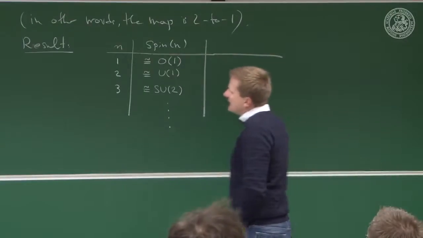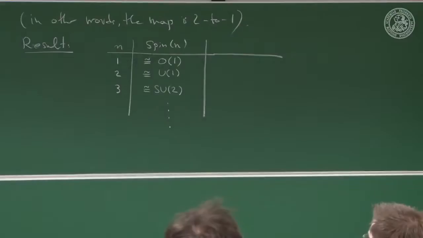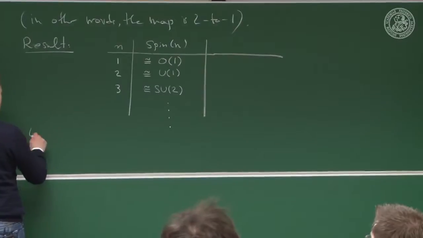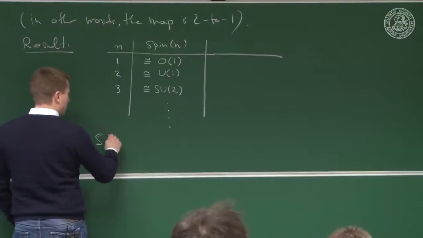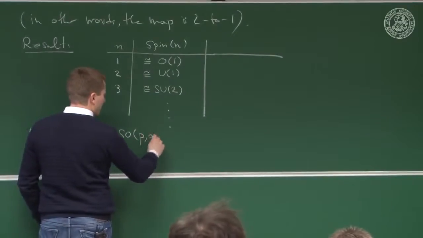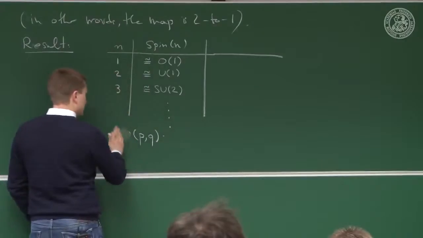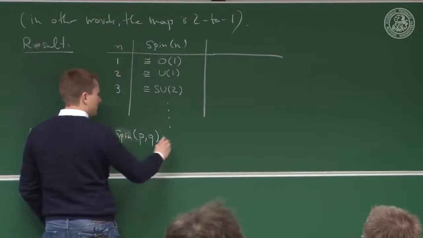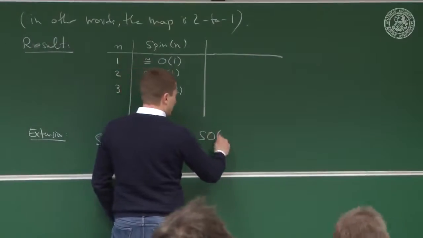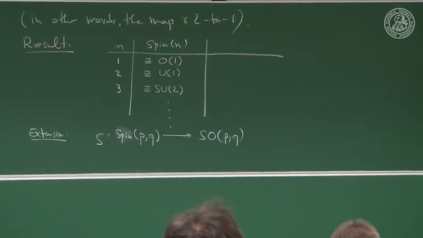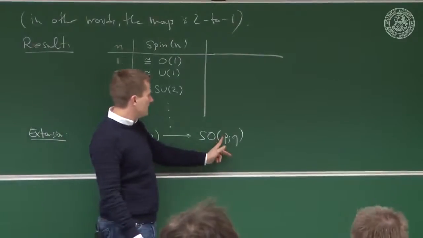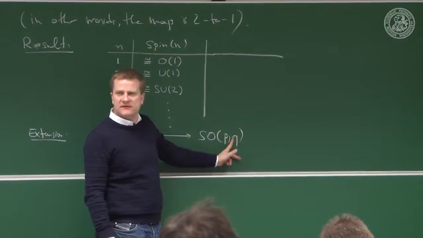Now I said here that we're looking at SO(n). However, as an extension of this idea, we could also look at SO(p,q), which defines spin(p,q), a double cover of SO(p,q). By p,q, I mean that I no longer have a positive definite inner product, but an inner product with p pluses and q minuses in the Sylvester form.